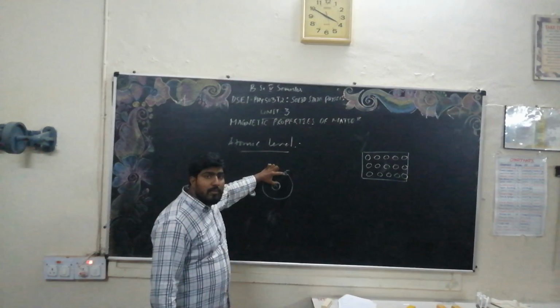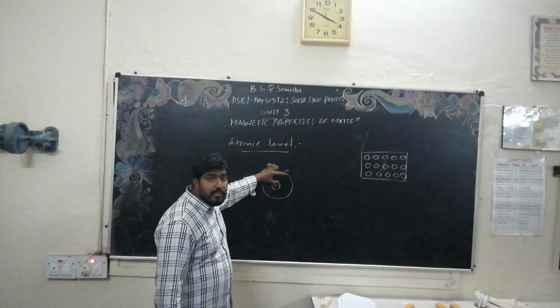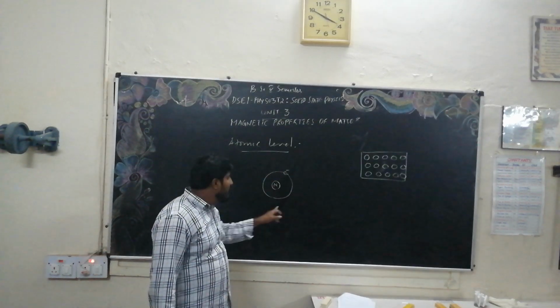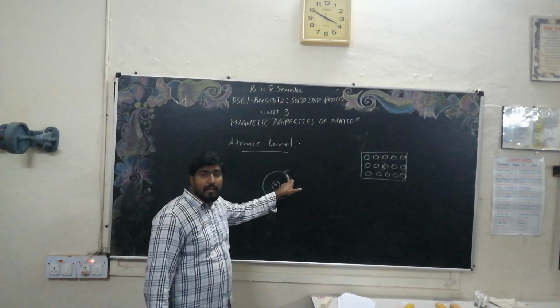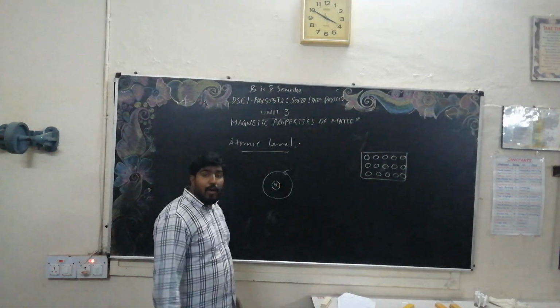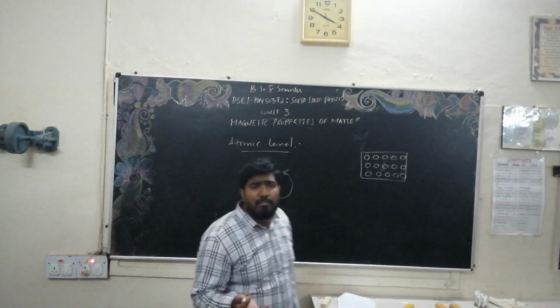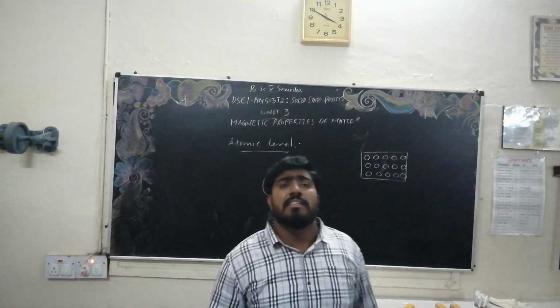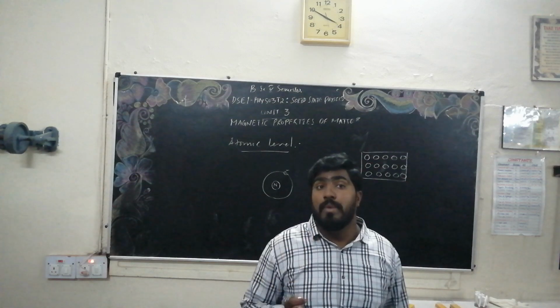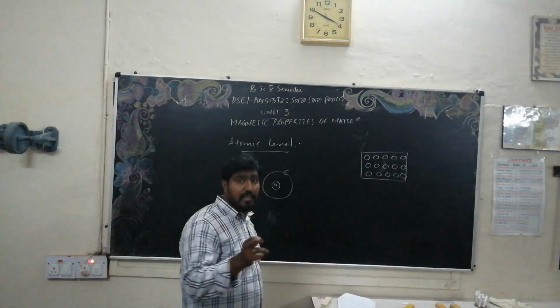Due to the Coulomb force, around the nucleus there is an electron revolving. Now my question is, where does the dipole moment, that is the magnetic moment, exist in the atom?